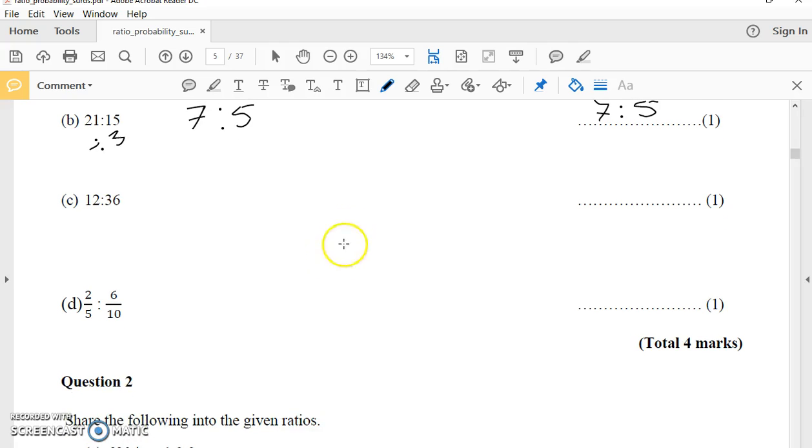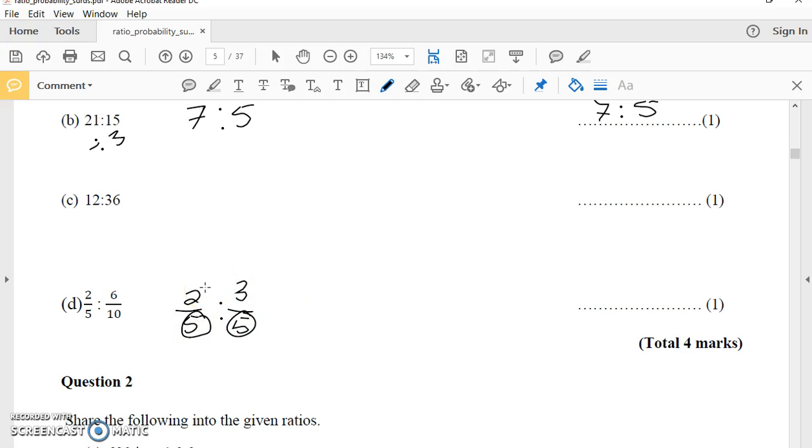I do want to take a minute though and take a look at this one, because this one we've got fractions. So the first thing we want to do is take this and get them into the same denominator. Now if I look at 6 over 10, I can divide the top and the bottom by 2. That's going to give me 2 over 5, and I get 3 over 5 here. Now because I have the same denominator, that allows me to cancel that out, because I'm saying that both of these represent the same number of whole pieces.